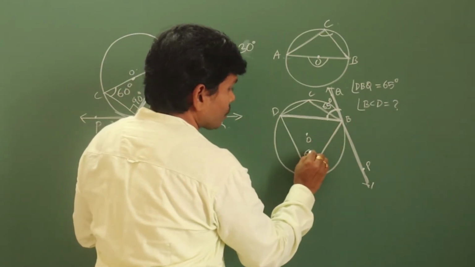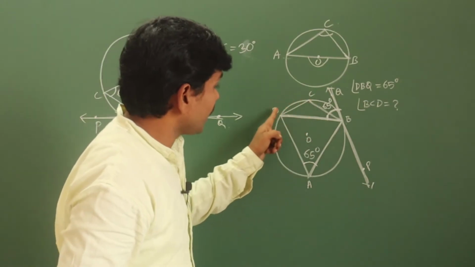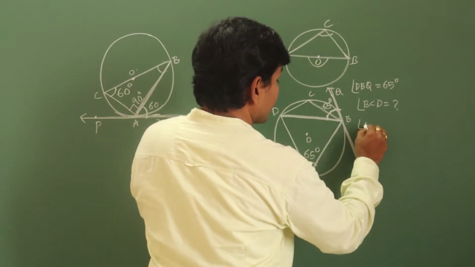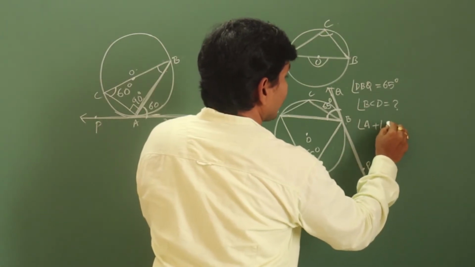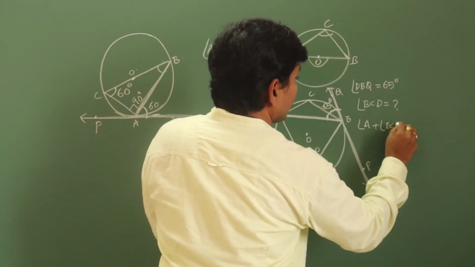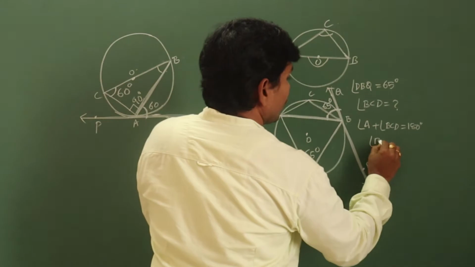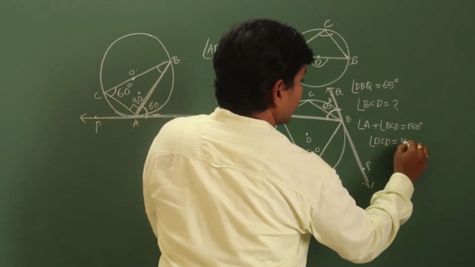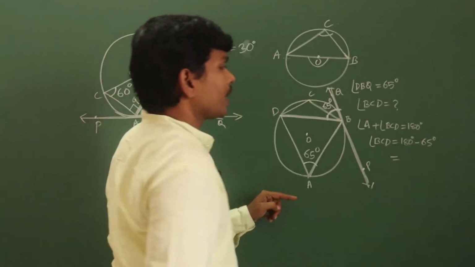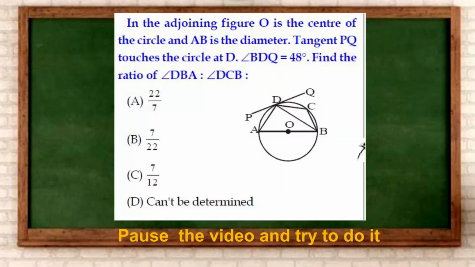Angle DAB is also 65 degrees. Now ABCD is a cyclic quadrilateral, so the sum of the opposite angles is 180. Angle A plus angle BCD is equal to 180 degrees. So angle BCD equals 180 degrees minus 65 degrees. So what is your answer? Your answer is 115 degrees.